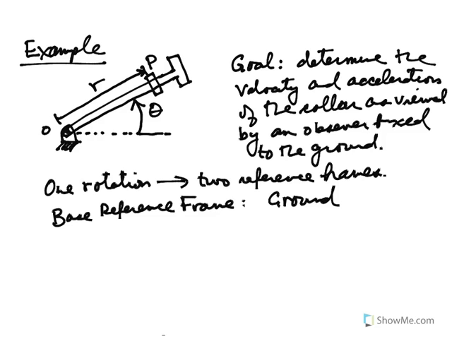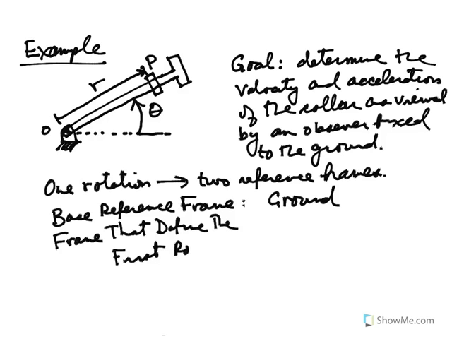The second reference frame is going to be the frame that defines the first rotation, and that frame is the arm. So we're going to denote the ground by G and the arm by A.